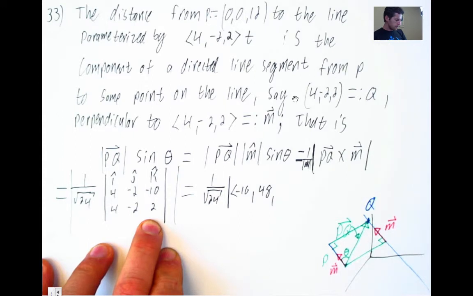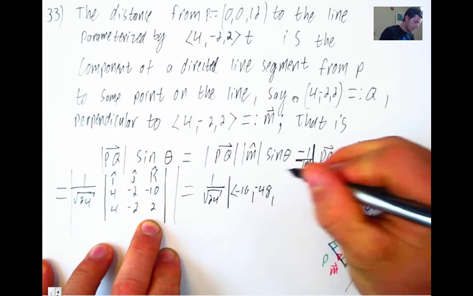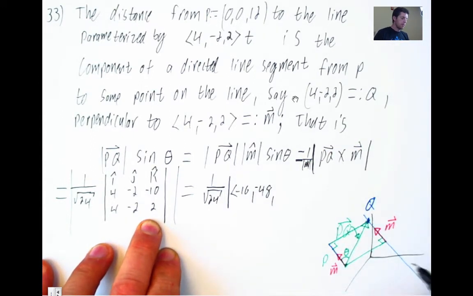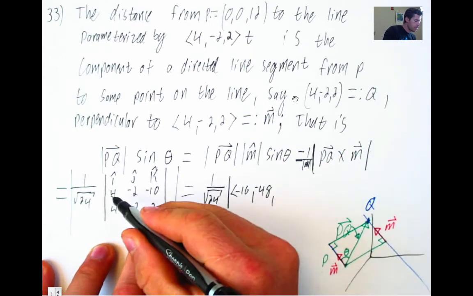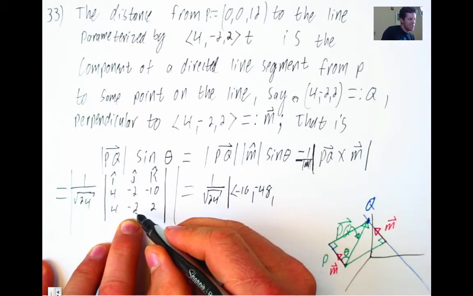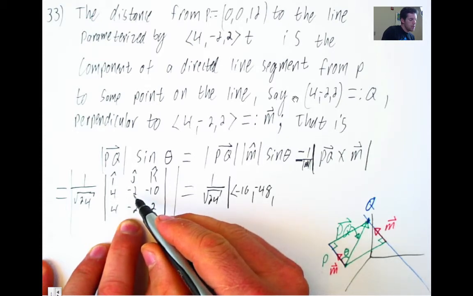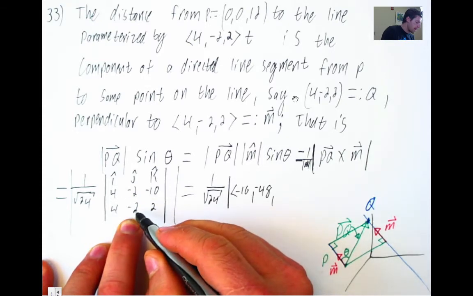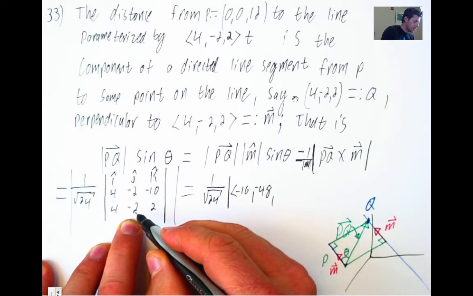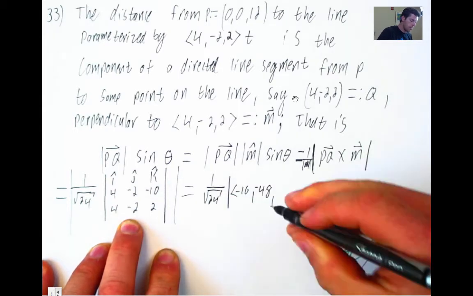There's supposed to be a minus sign on there. You always put a minus sign on that middle component. Last component, 4 times -2, that's -8, minus -2 times 4. Hey, wait a minute, that's just 0.